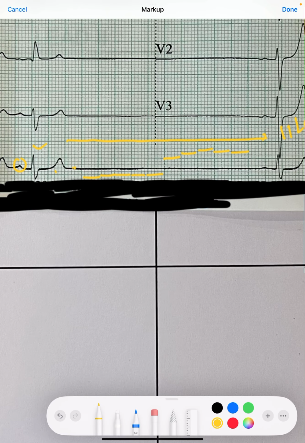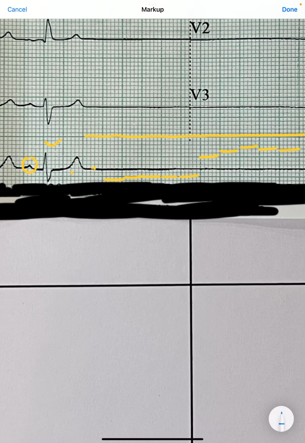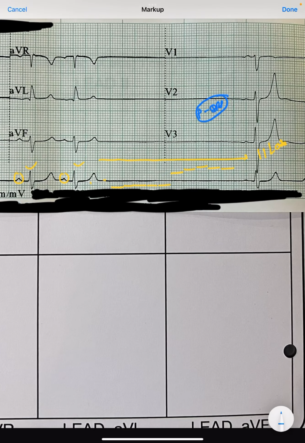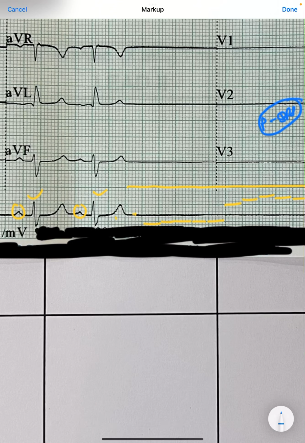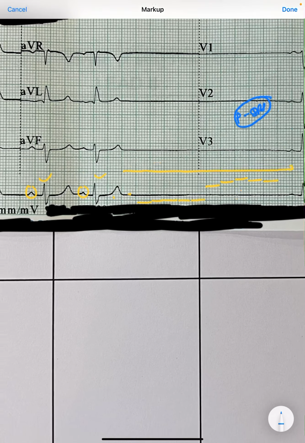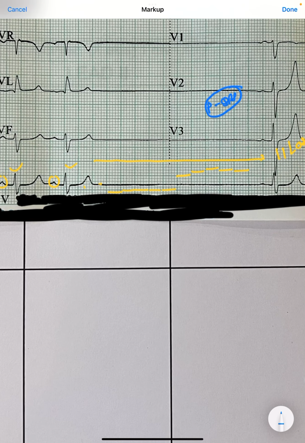The most important thing we must know is that if there is P, then only there will be QRS. If there is no ventricular escape rhythm, if everything is coming in line, if the sinoatrial node is working properly, the P should be followed by a QRS complex. But in this case, we are not seeing any P wave for a complete 11 large boxes.